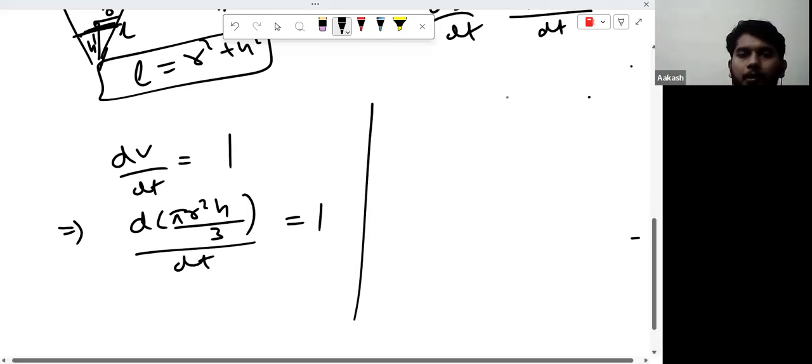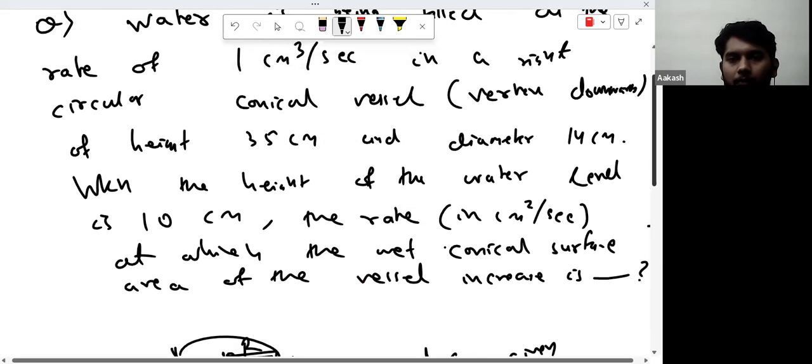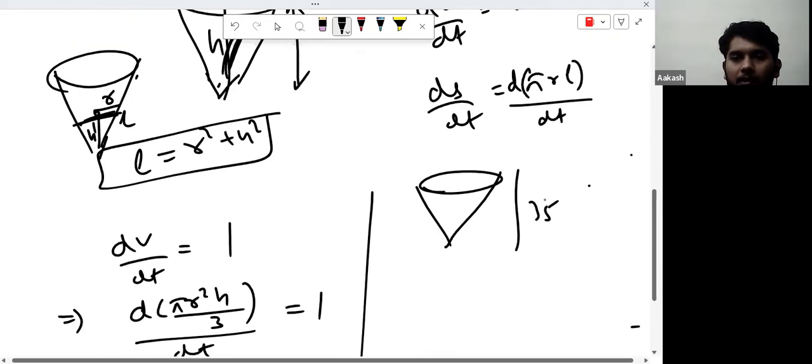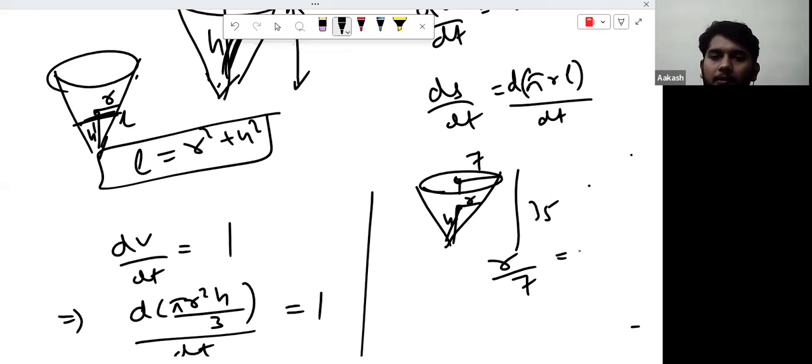Okay, all right. Now in this cone, let's see what else is given. Of height 35, diameter 14. So this total height is 35, diameter means this radius is 7. Let's take this is small r, this is h. So we can say using similar triangles, r by 7 equals h by 35. Yes or no?